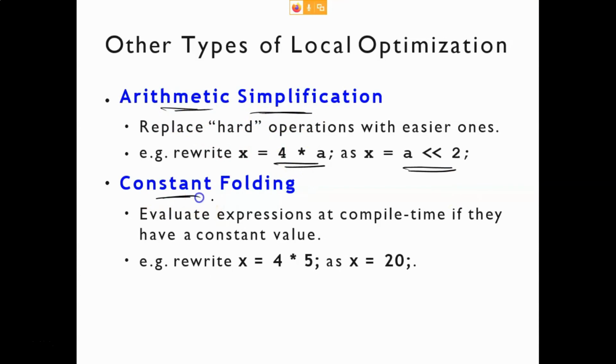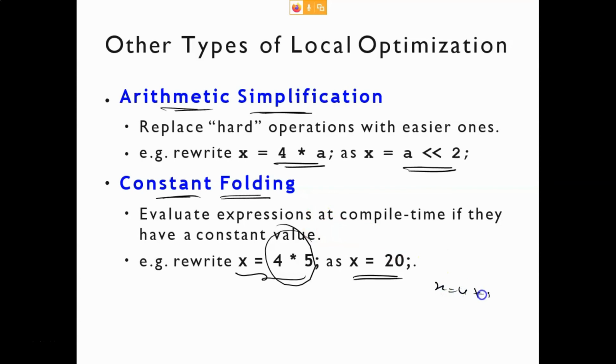Now constant folding. What is constant folding? Basically you can compute the value. For example, let's assume you have written the statement x equal to 4 into 5 in your program. Then of course your compiler can very easily replace this 4 into 5 with x equal to 20, so that you don't have to calculate it again and again.